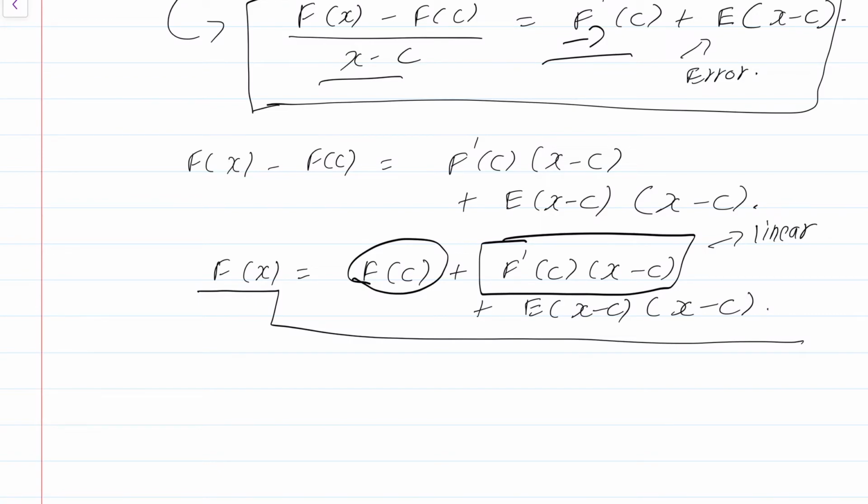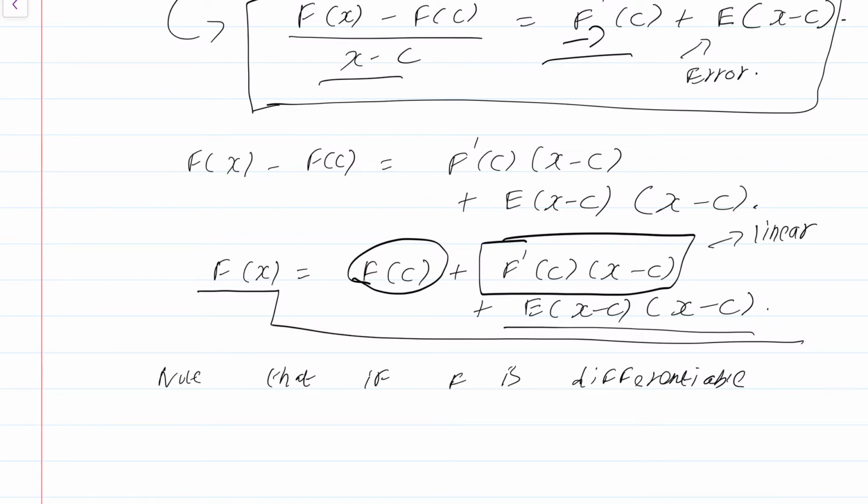Plus an error term, error of x minus c into x minus c. Now note that so far all the manipulations I have done do not assume that f is differentiable. In the place of f prime of c, I could have put any real number and I would have got the exact same expression. I would have achieved nothing.